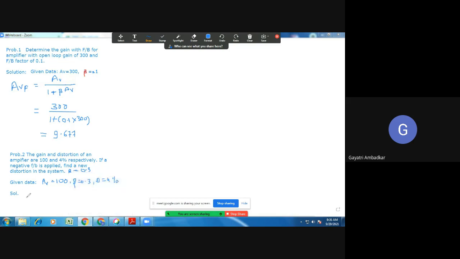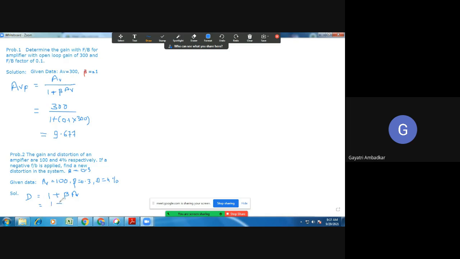So what is distortion? D is equal to, yesterday we have seen sensitivity and desensitivity. 1 upon 1 plus A beta is sensitivity and the reciprocal of that is desensitivity. So it becomes 1 plus beta times AV. Okay, so what will be new?